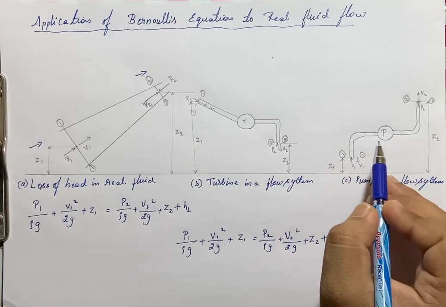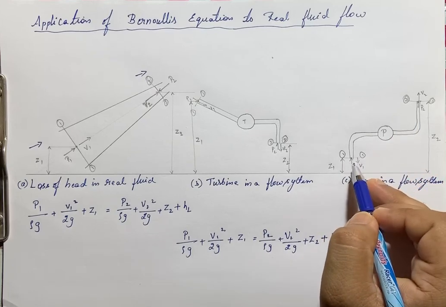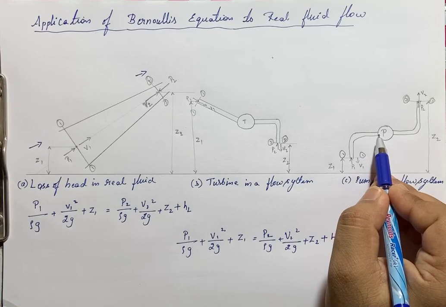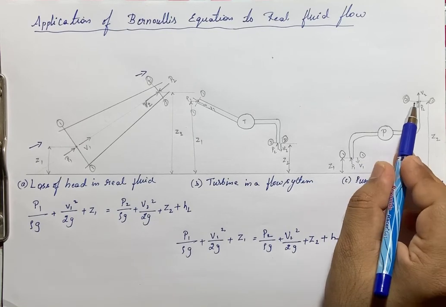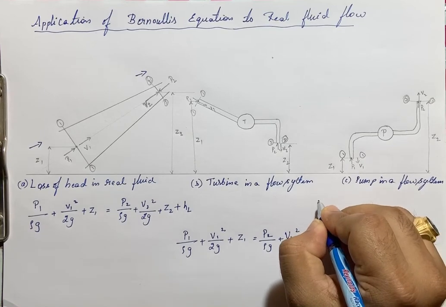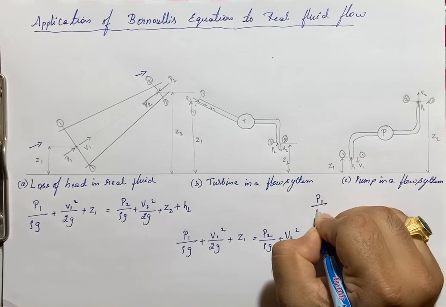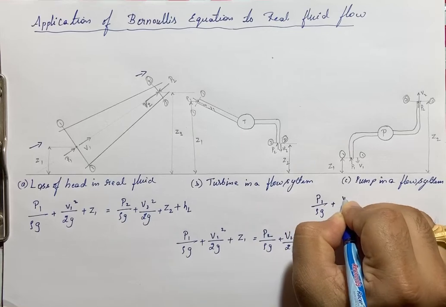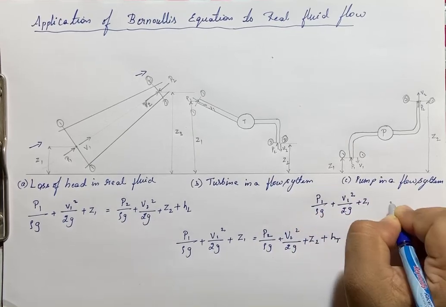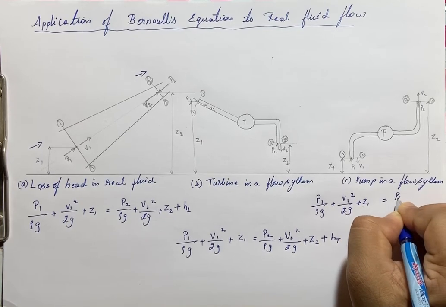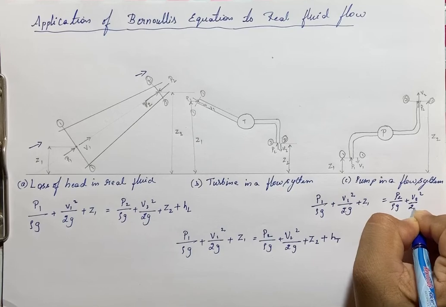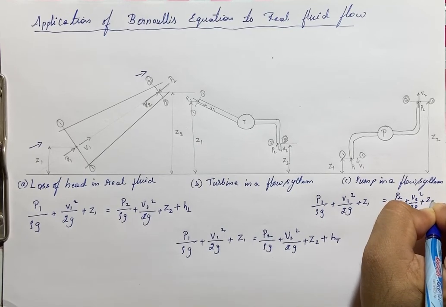Now, similarly, if we have a pump located in between sections 1 and 2, the pump sucks the fluid from section 1 and it flows through to section 2. So Bernoulli's equation becomes P1 by rho g plus V1 square by 2g plus Z1 is equal to P2 by rho g plus V2 square by 2g plus Z2.